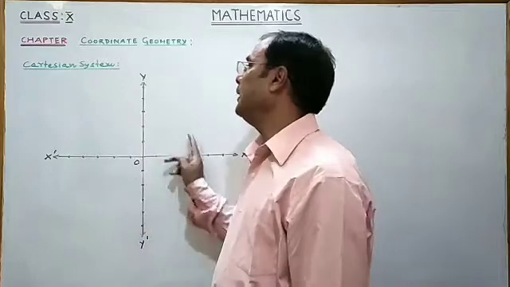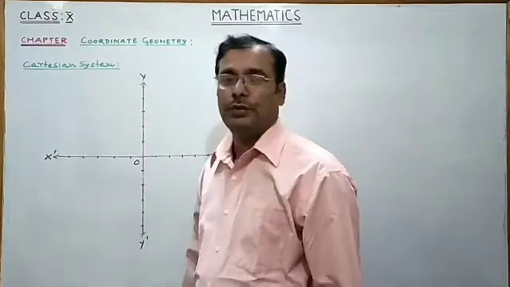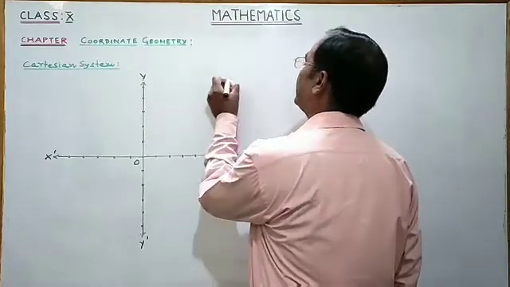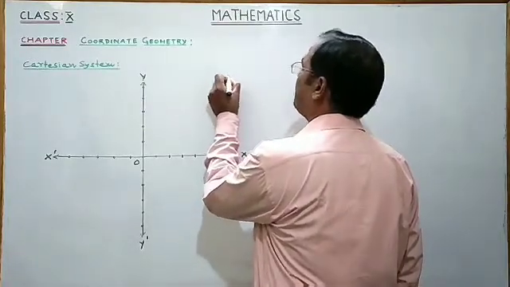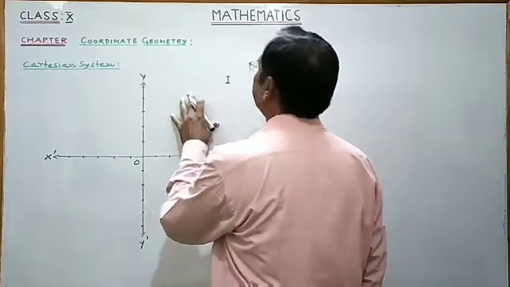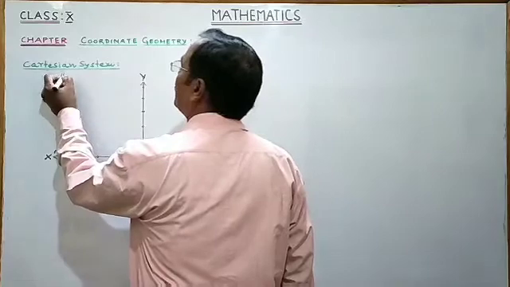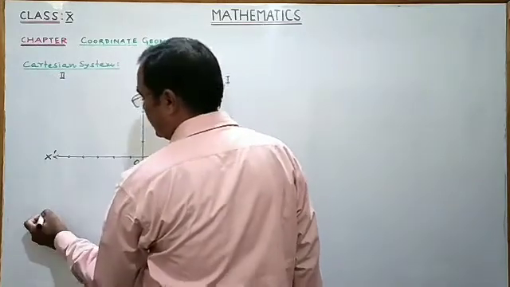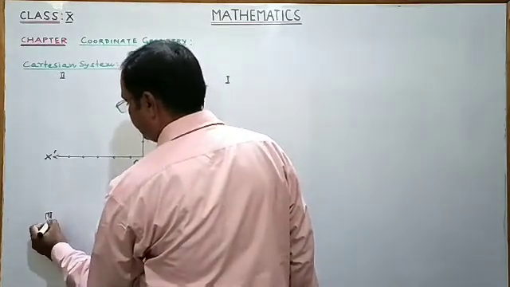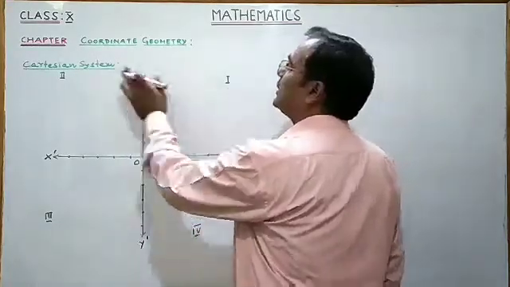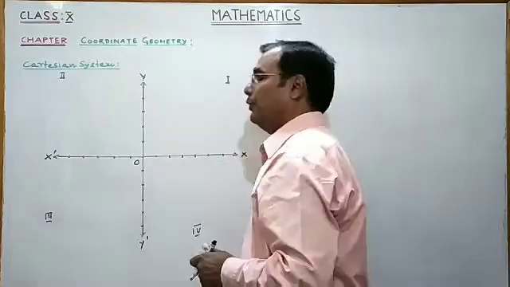This Cartesian plane is divided into 4 quadrants, and we name the 4 quadrants like this: from the right hand upper quadrant in anti-clockwise direction, first, second, third and fourth quadrant.